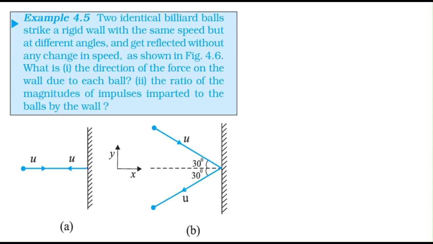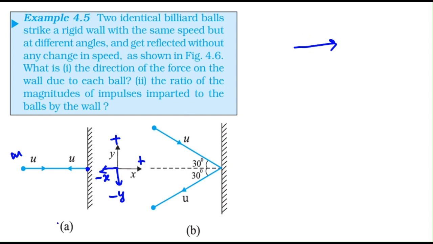In the first case, let's take this direction to be positive, and any vector along the opposite direction we will take negative. So in case A, the initial momentum is along the positive x direction, and let's say the mass of this point object is m.